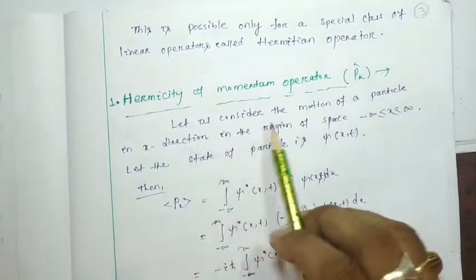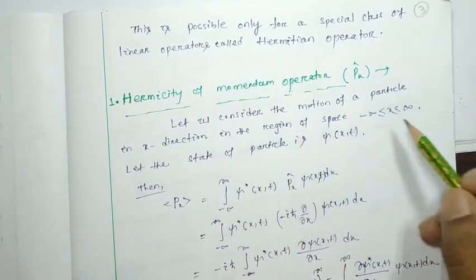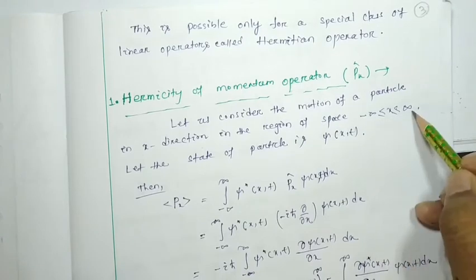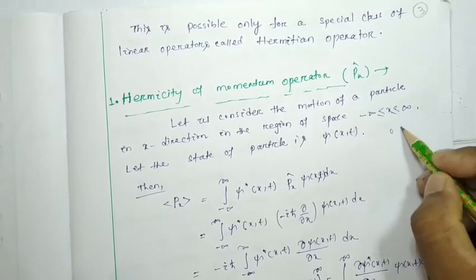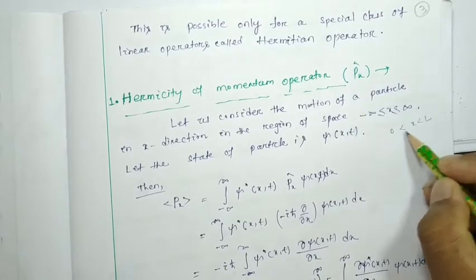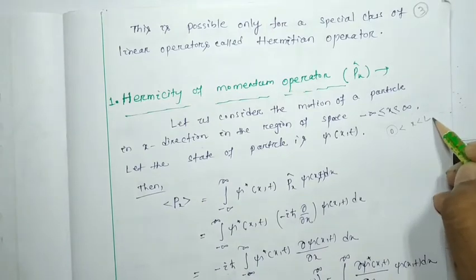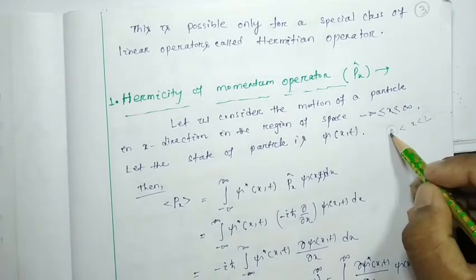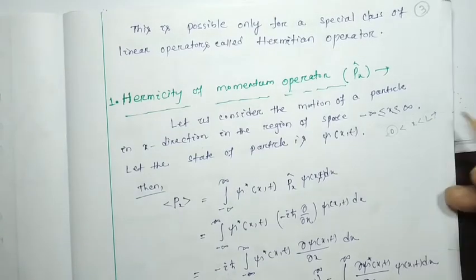Let us consider the motion of a particle in the x-axis direction in the region minus infinity to infinity. Here you can consider 0 to L, that means the particle exists between 0 and L. Exactly at x equal to 0, exactly at x equal to L, or just beyond them, the particle does not exist.